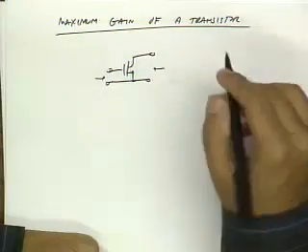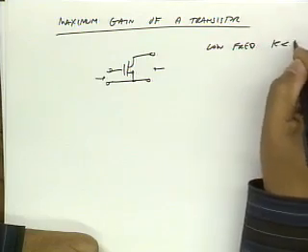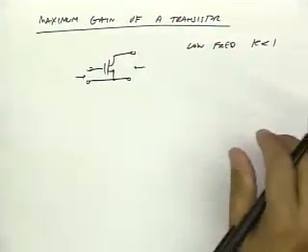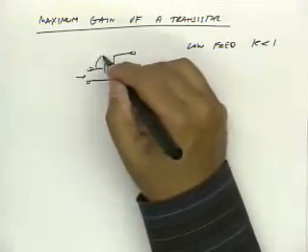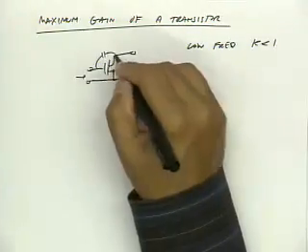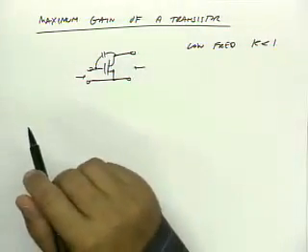Well, it turns out that at low frequency K is less than 1. That's because at low frequencies this device has lots of gain and it has feedback through C mu, so it's very easy to make it oscillate.